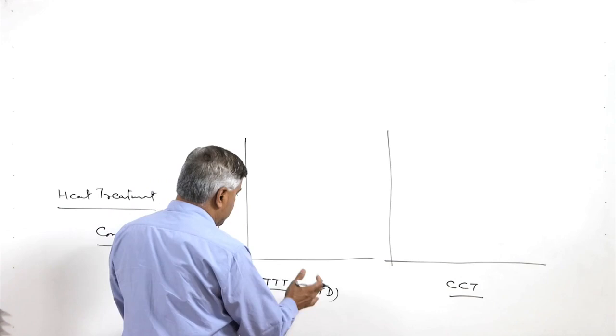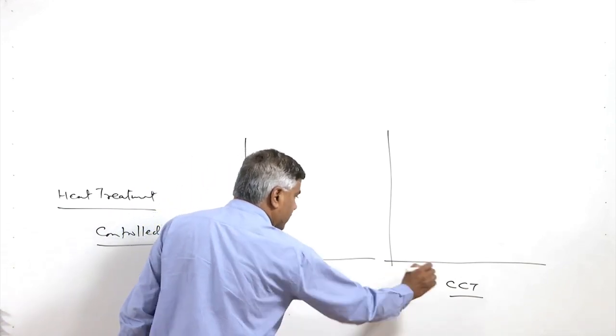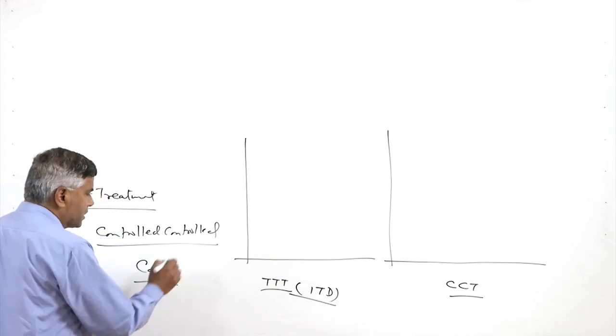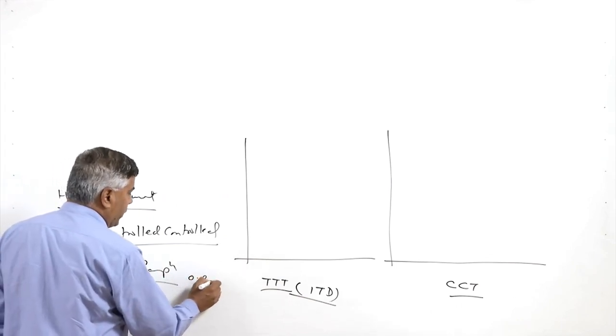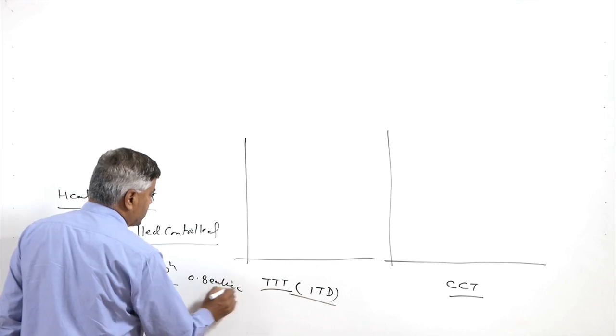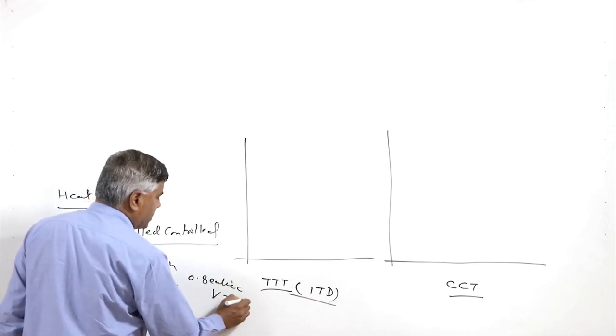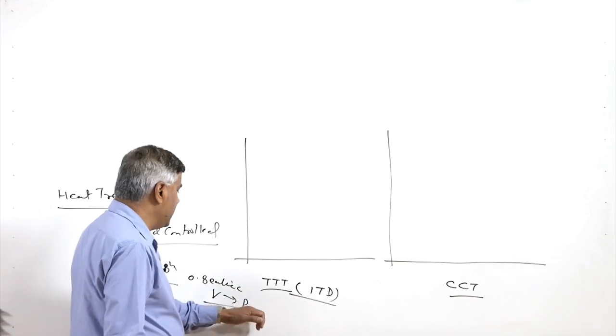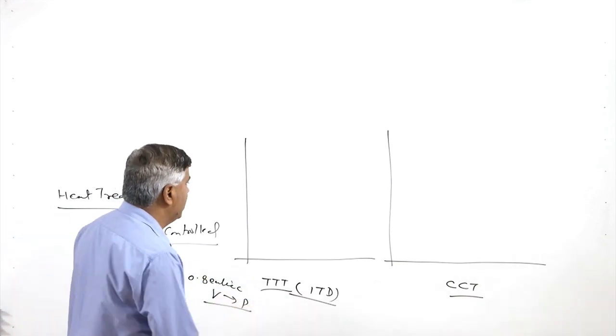Both these diagrams are sensitive to the steel composition. The simplest diagram is for the eutectoid steel, where austenite converts into pearlite on cooling, and on heating pearlite converts into austenite.